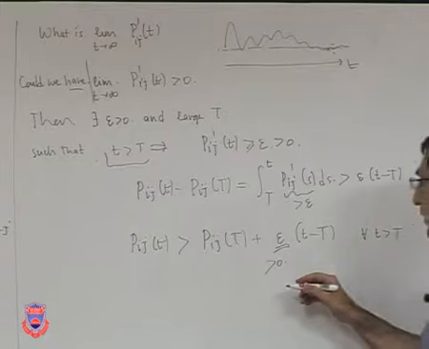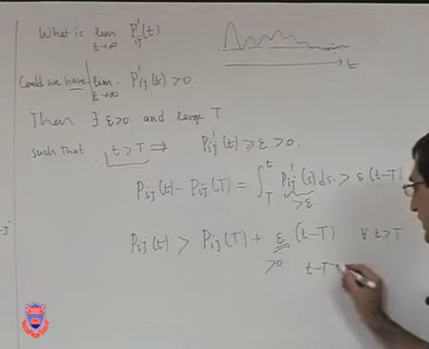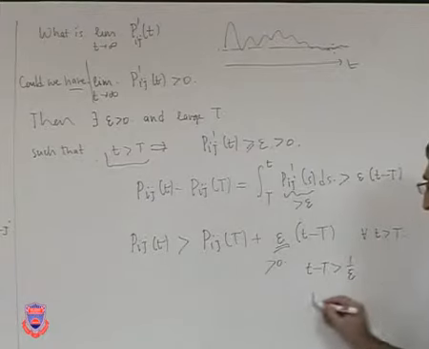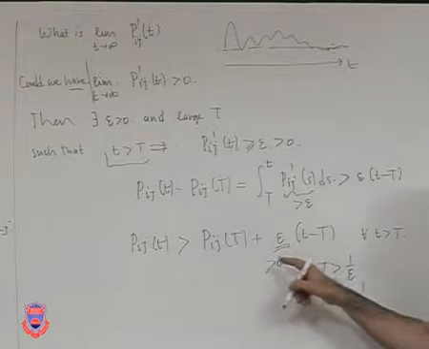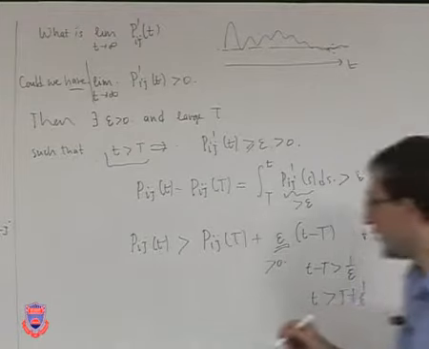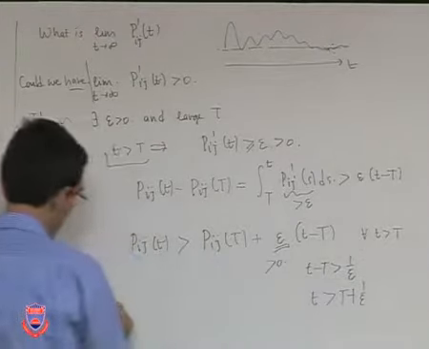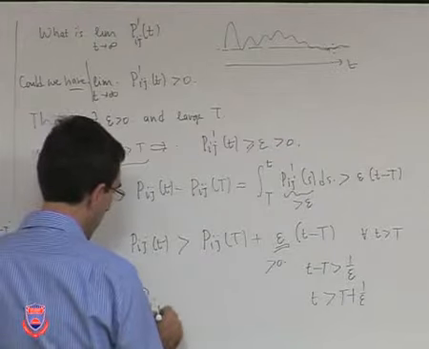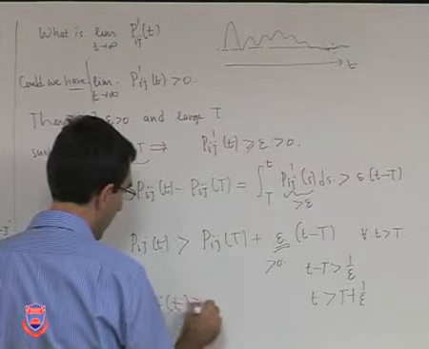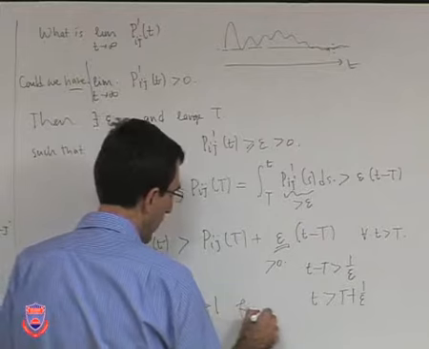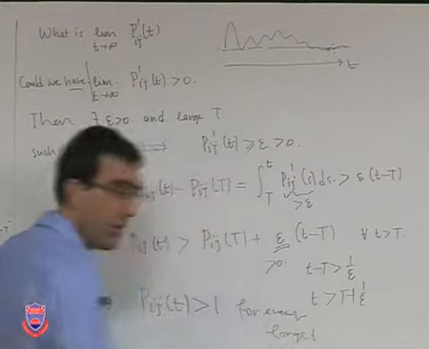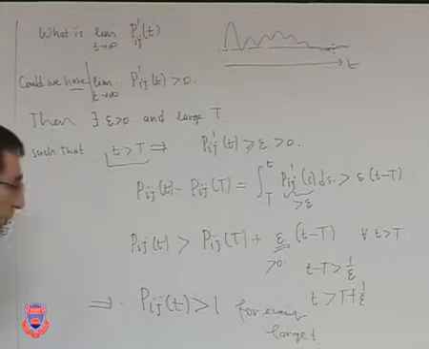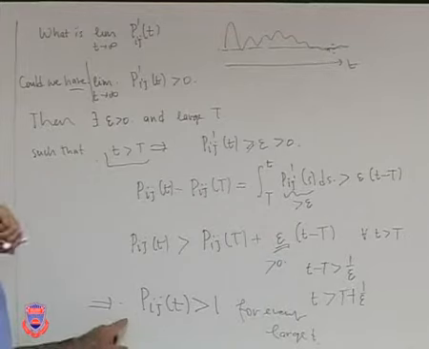If t minus T is greater than 1 over epsilon, then the product is going to be greater than 1. But then that suggests that P_ij, the transition probability, is going to be bigger than 1 for every large t. Which doesn't make sense, because this is supposed to be a probability. It cannot be bigger than 1.